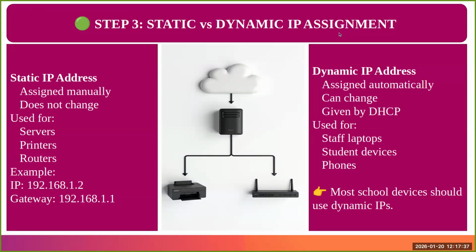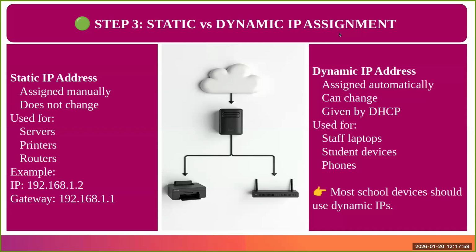It is best used for servers, for printers, and for routers. But in the scenario where we are setting up computer labs for WAEC and maybe eventually for JAM, then that comes in because that is what they said they want in their specification.